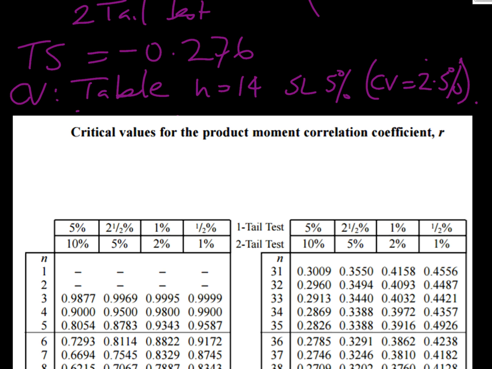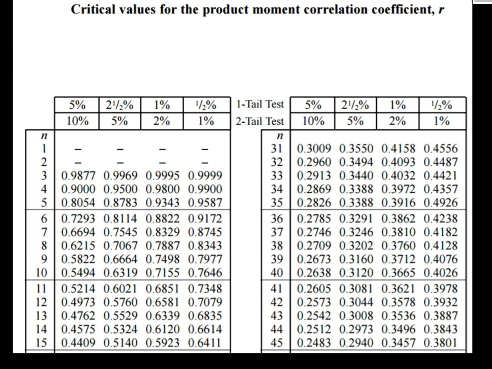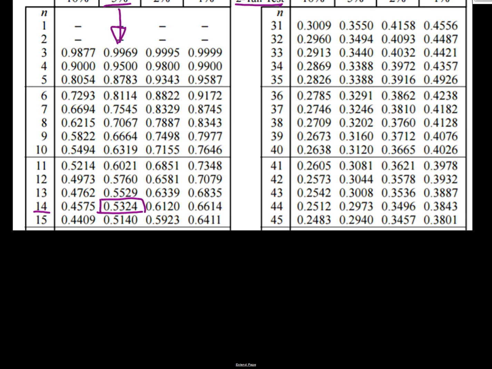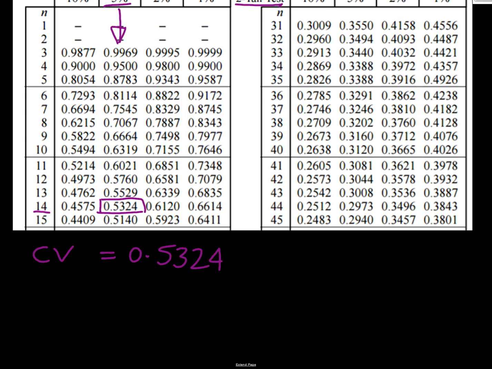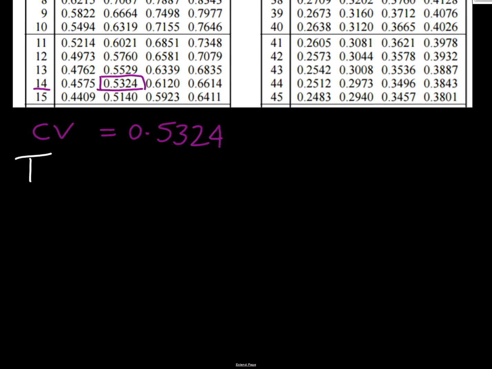We come down the 5% two-tailed column across the n equals 14 row, so our critical value is 0.5324.